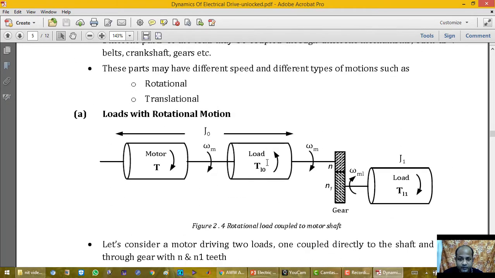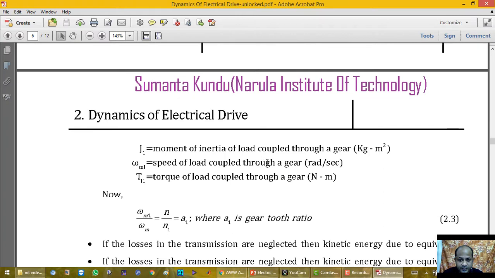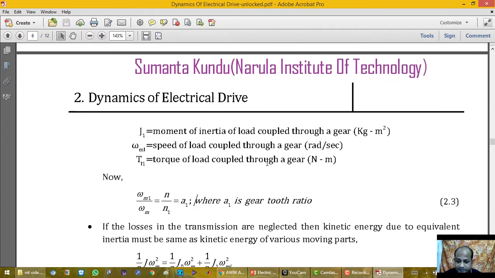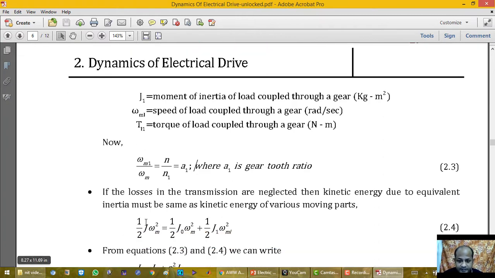So, let us take that whatever system we develop has an equivalent inertia J. If the losses in the transmission are neglected, the kinetic energy due to the equivalent inertia must be the same as the kinetic energy of the various moving parts.